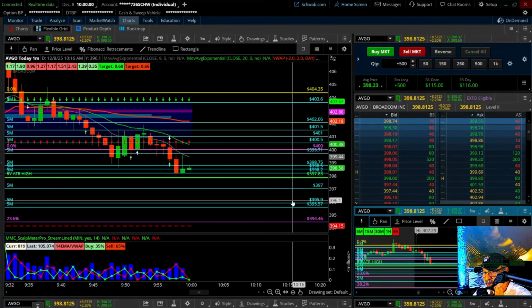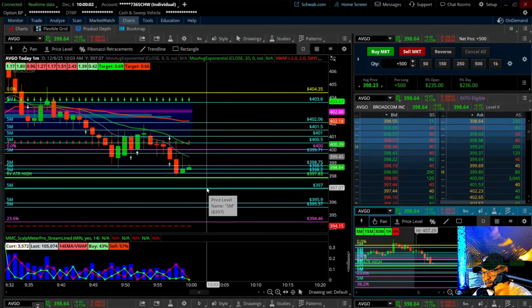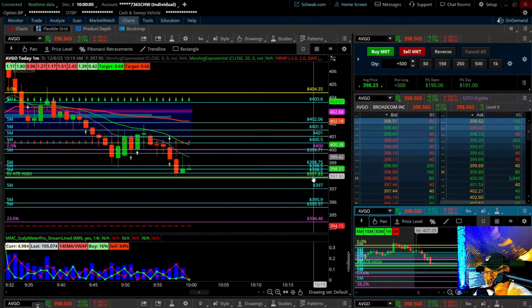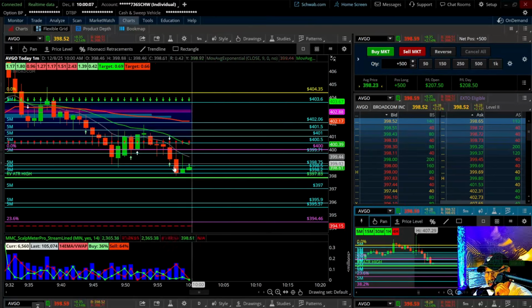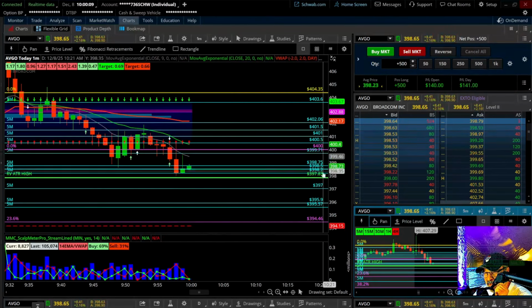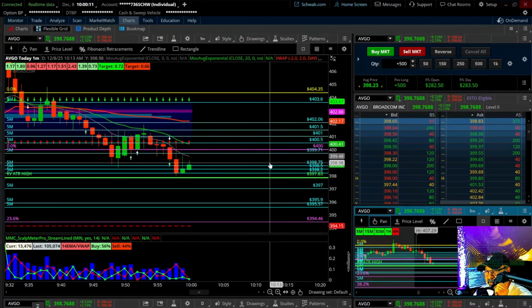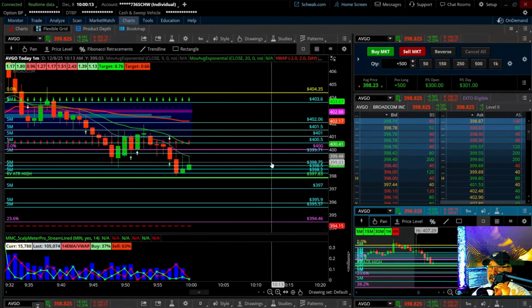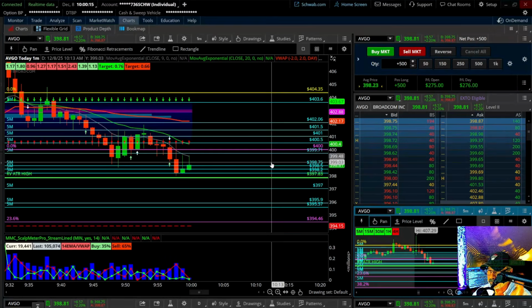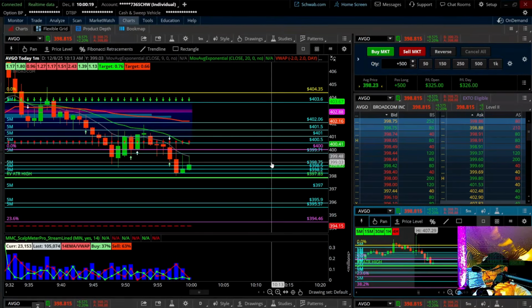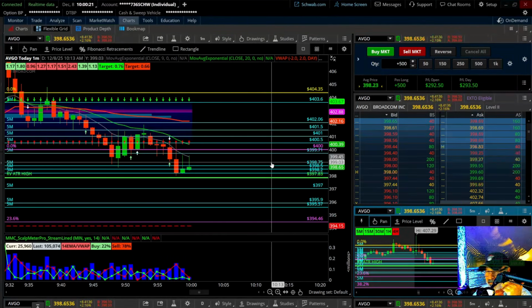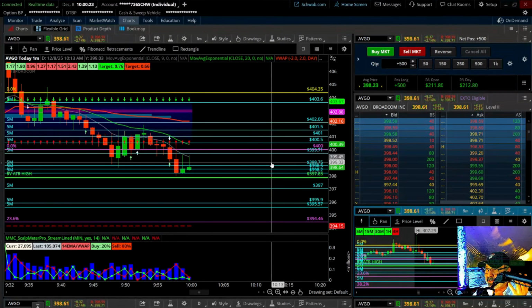If the liquidity pool or the liquidity void is near a whole dollar, in a lot of cases I might drag it closer to the half and whole dollar, because people set their market orders at half and whole dollars a lot. They just go, I'm going to get out at 400. I'm going to get out at $399.50, and they preset them. So trading with the crowd is pretty important.